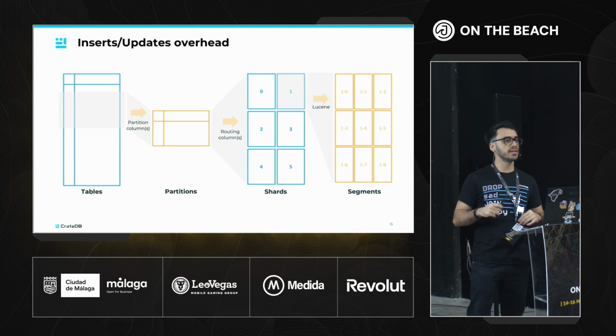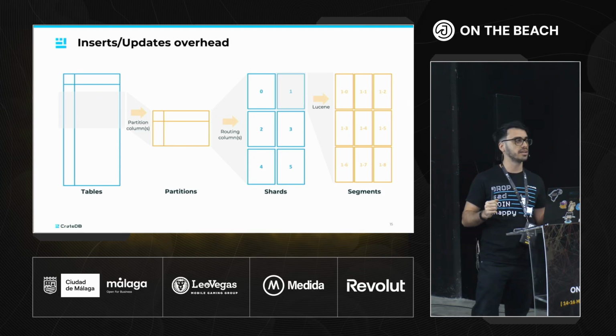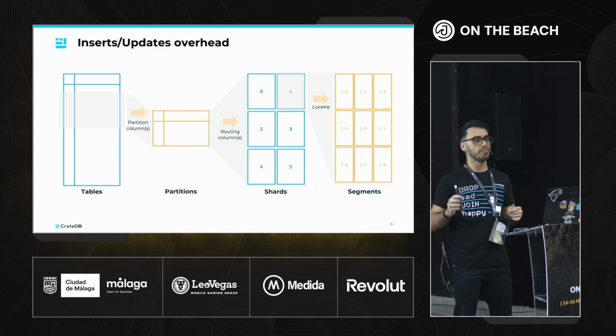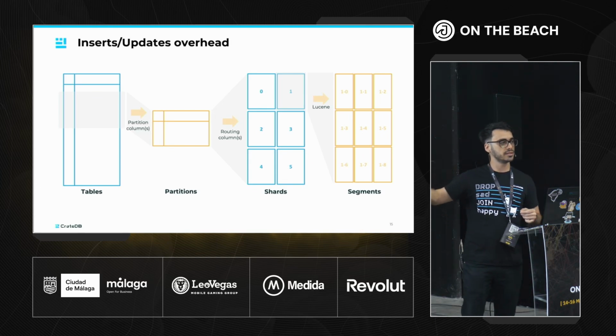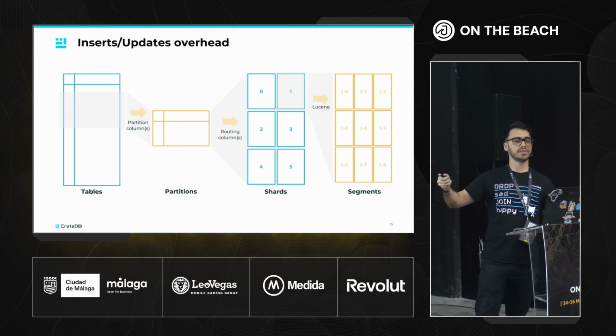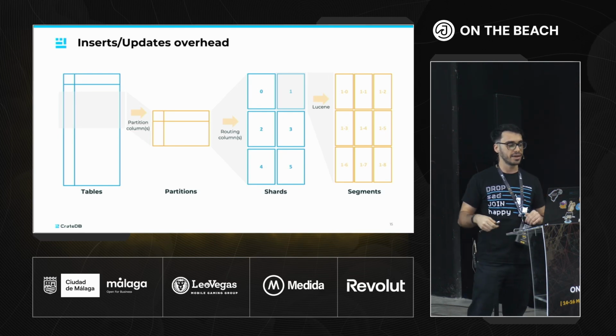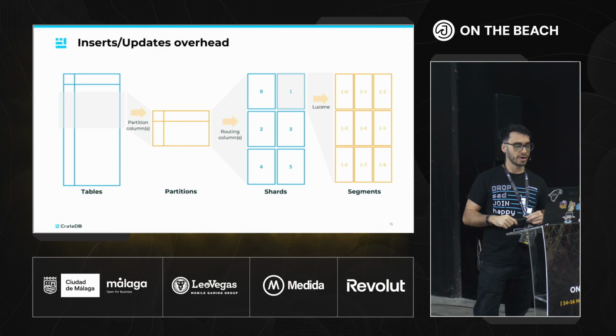And every Lucene index is further split in segments. And segments can be searched independently. So every time we make an insert, we can build a new segment, just append it. We mark the old segments or the documents as not valid, so then we can just skip those segments, so we can get data in and pay less performance overhead.